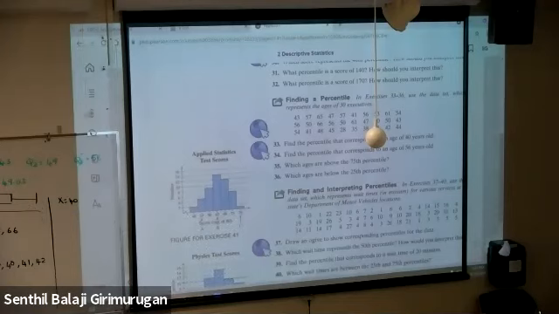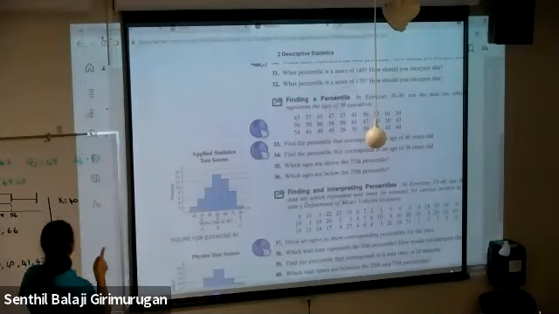So 43 and 49 are the ages. 40 has to lie below 43, somewhere over here. So that value has to be less than P25, maybe P20, maybe P18. We will see. How many of them are below 40?